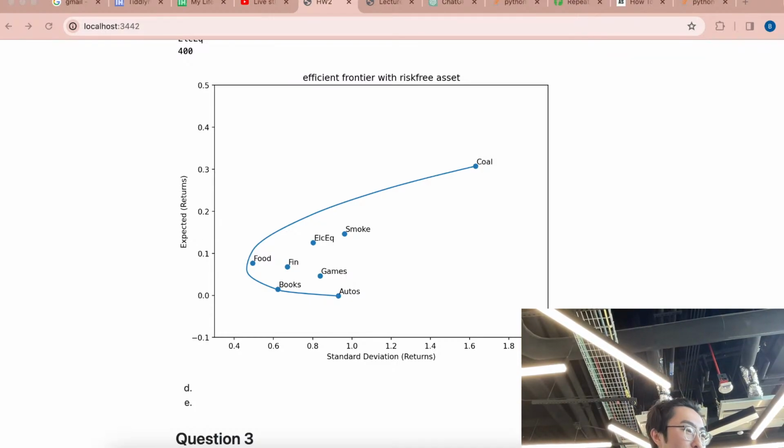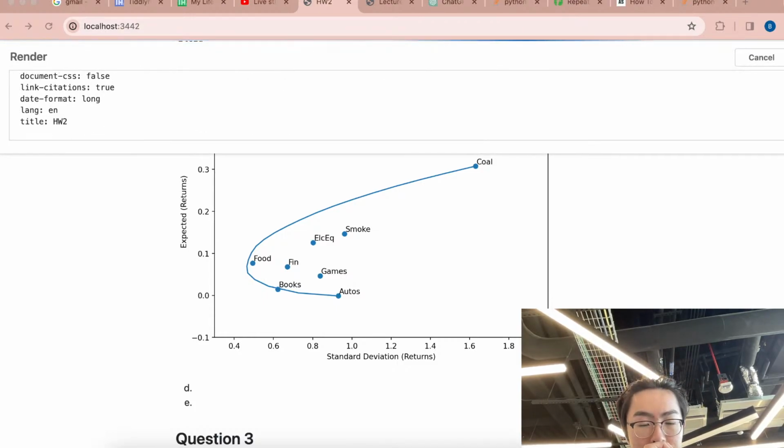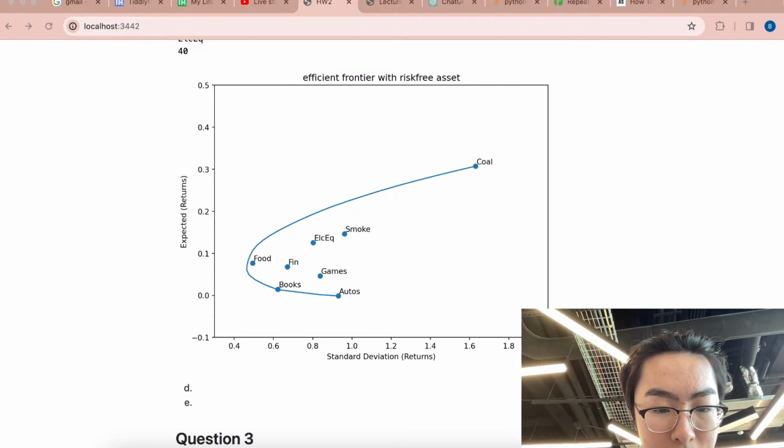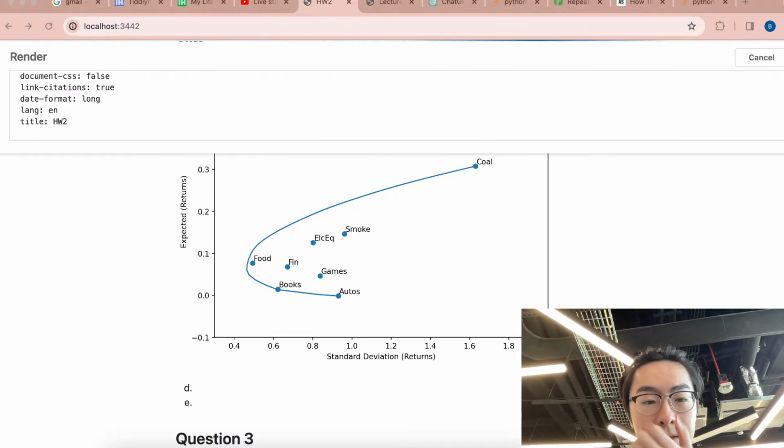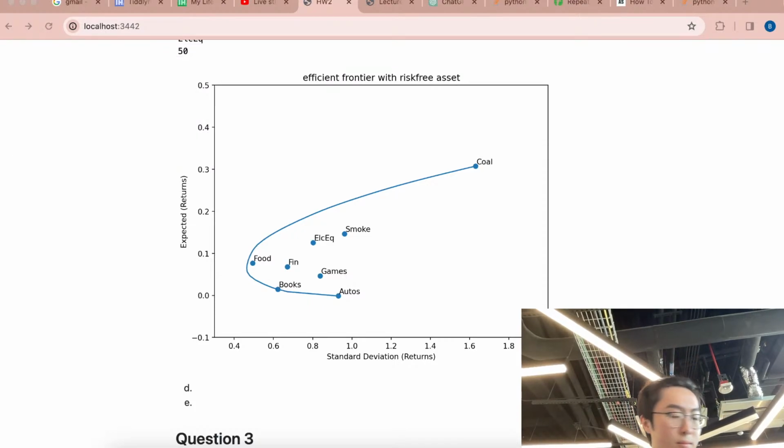Even if I push this up to 1,000, right? I feel like at this point it's probably, or what if I have less? So what if I do 50? 10? 40, 50, 60.